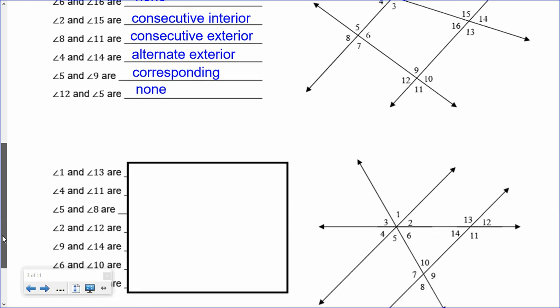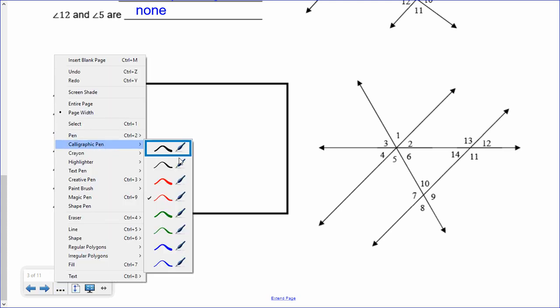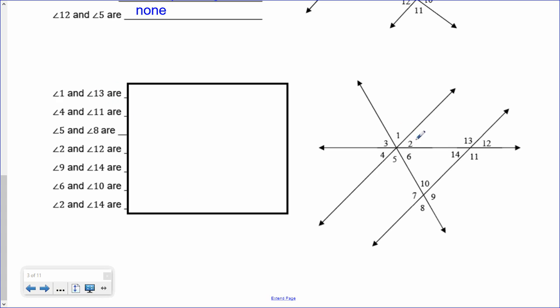Alright, let's take a look at a slightly more complicated diagram here. This is where color coding is going to be even more helpful for you. So I'm looking for angle 1 and angle 13. You can kind of see that these two angles are resting on this line right here. But what's different about this diagram is that 13 only needs one other line to create this angle, but angle 1 needs two other lines to create the angle.